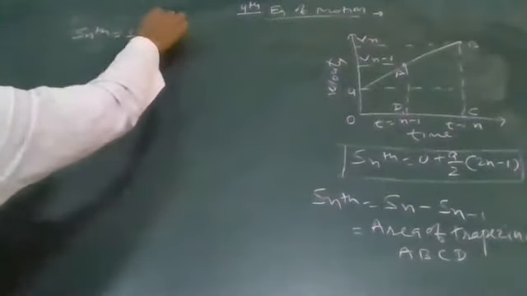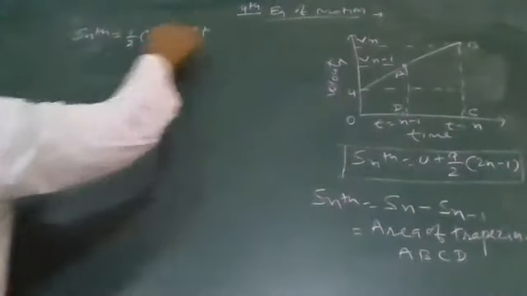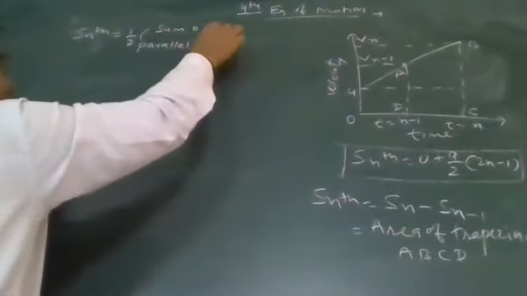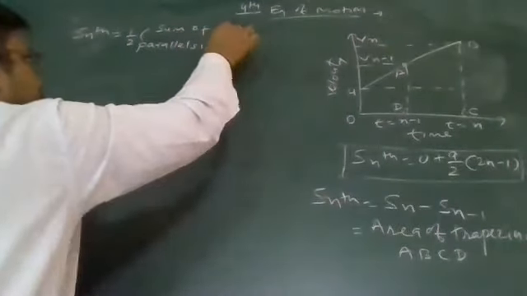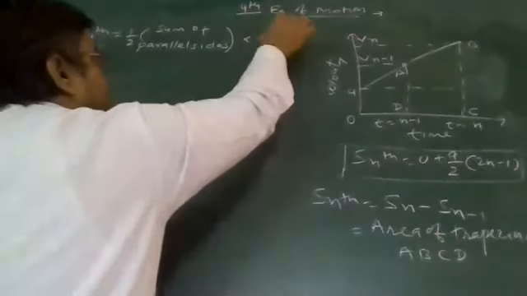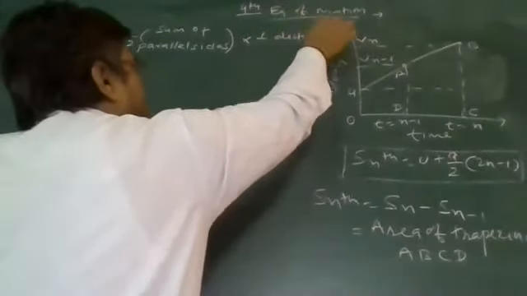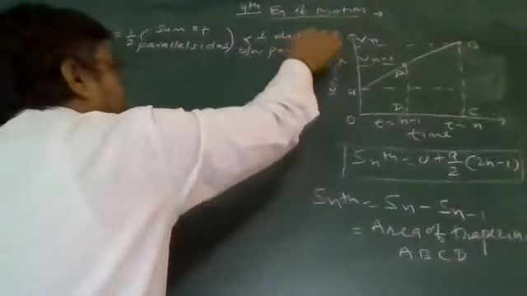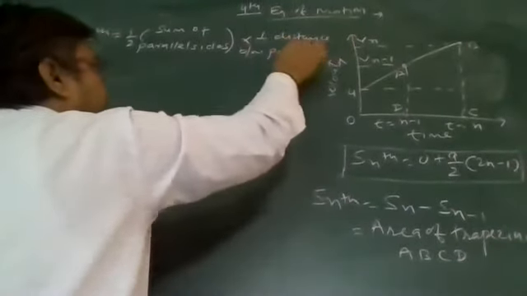Half into the sum of parallel sides multiplied by the perpendicular distance between the parallel sides. That is the expression of area for a trapezium.